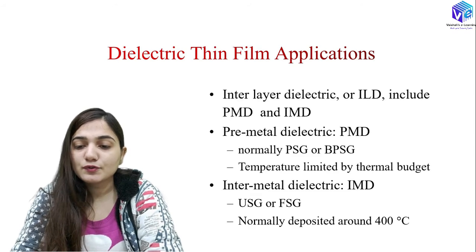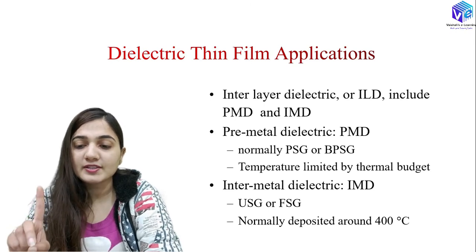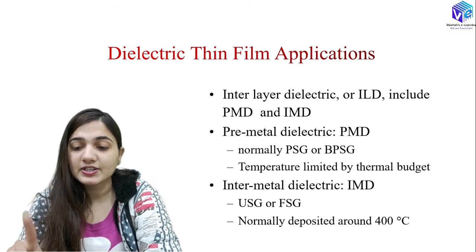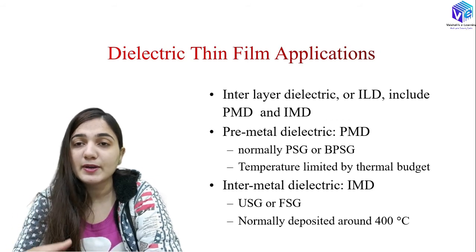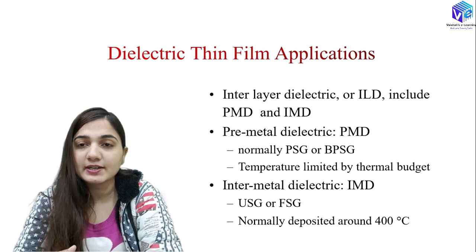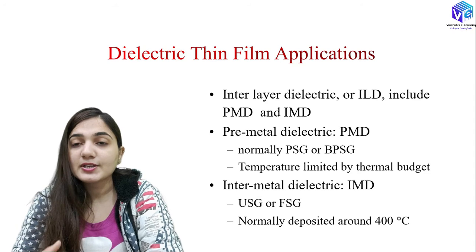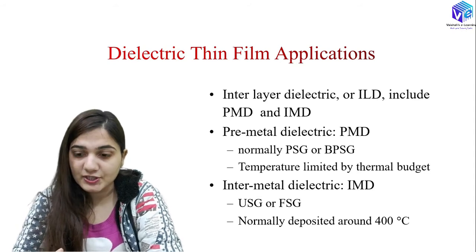Okay, so it is used for the interlayer dielectric, which is also known as ILD, which is composed of two things, PMD and IMD. PMD is pre-metal dielectric, and now it is normally made of phosphosilicate glass and borophosphosilicate glass, and the temperature is limited by the thermal budget over here.